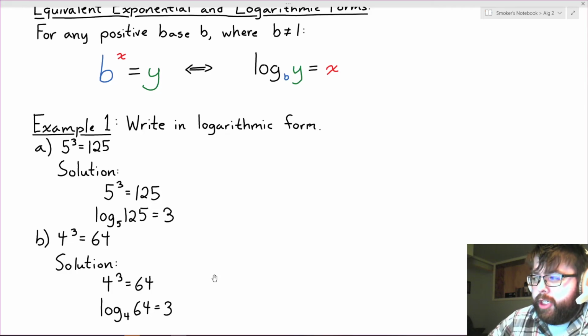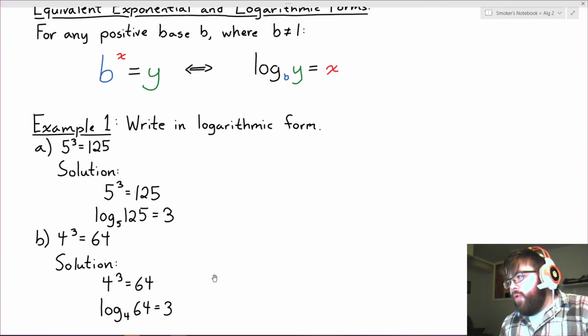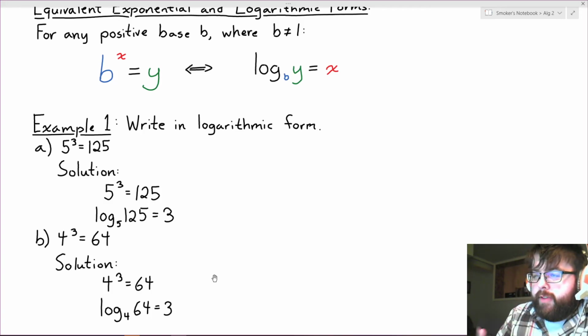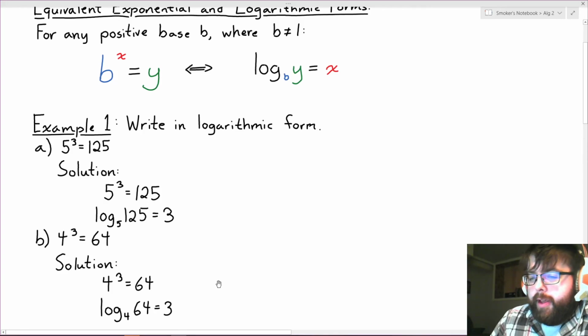Actually, it is guessing and checking. Logarithms give us the ability to find exponents and solve for them, because now the exponent is the value. When it's the value, you can enter it into calculators and computers. Hopefully that makes sense why we need logarithms.